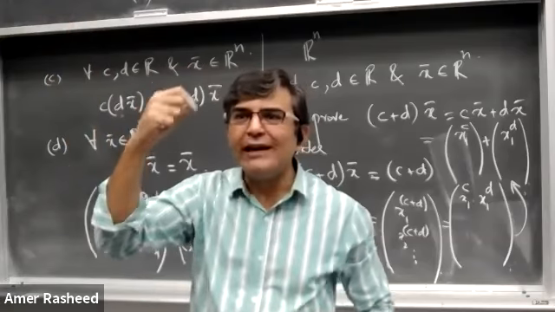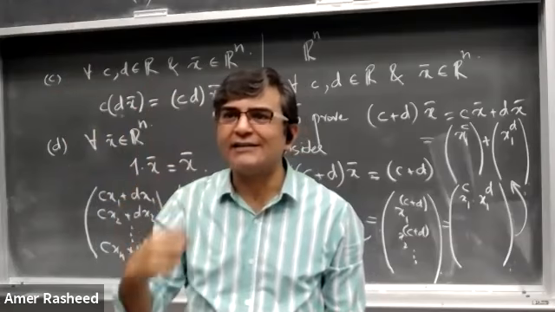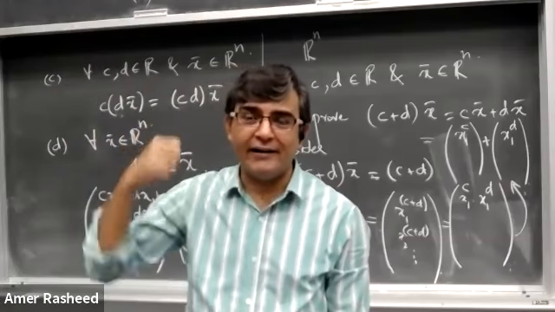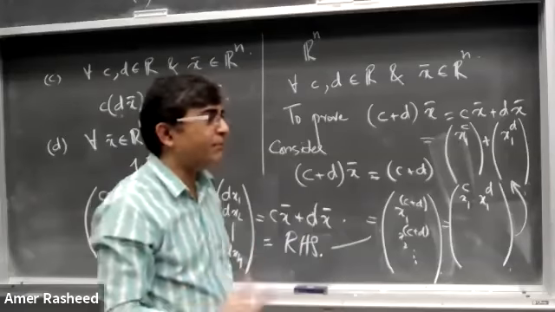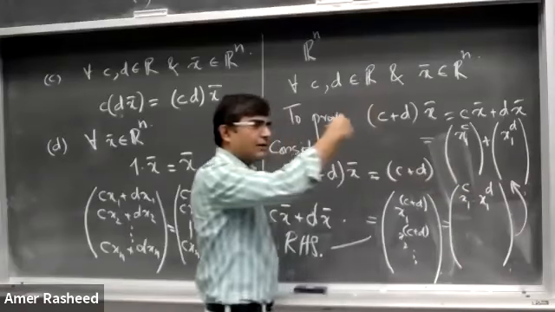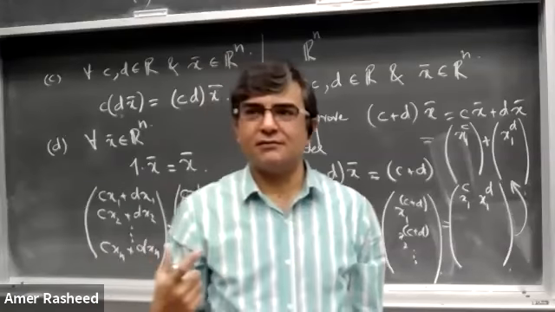But individually, x1, x2, x3, and so on up to xn are real numbers according to the definition of Rn. Is x1 a member of the vector x? Yes, x1 is an element, one component of x. A single individual component is basically a real number in Rn.